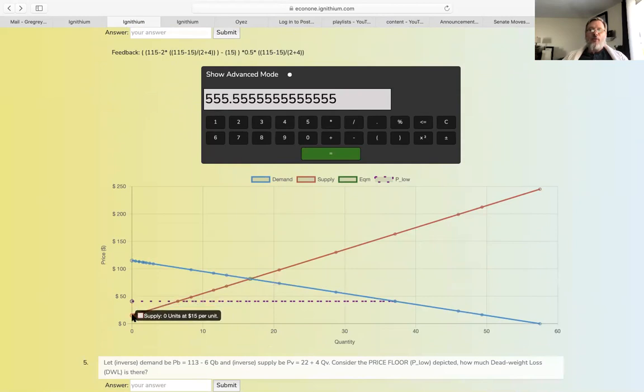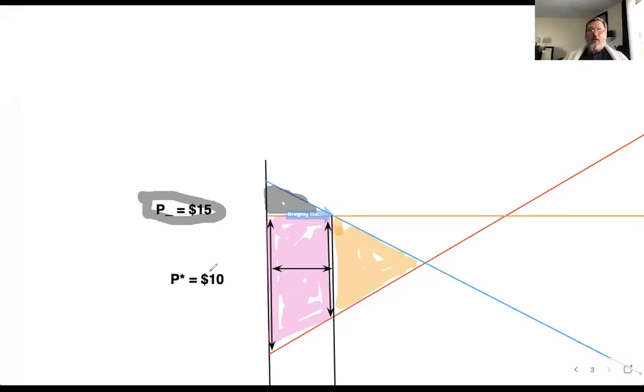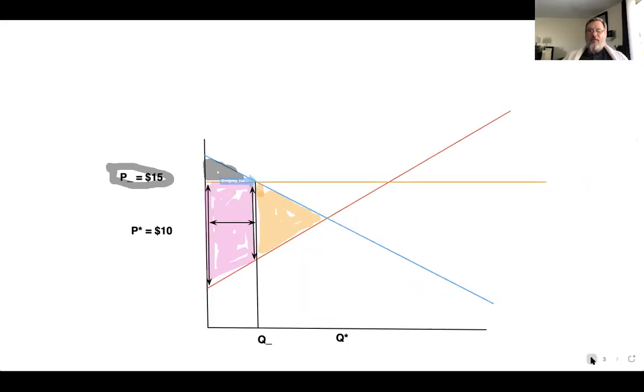So our regular producer surplus would be this triangle here. Can you guys see it? Yes. Right, so let's calculate that triangle. I'll draw it really quickly. Okay, so what we're talking about is, you guys can see the whiteboard, right? Yeah, we can.